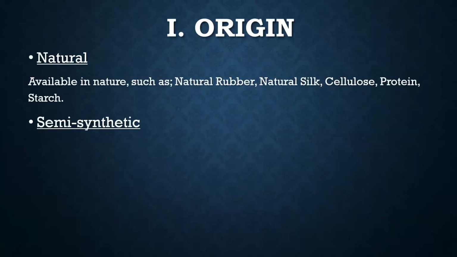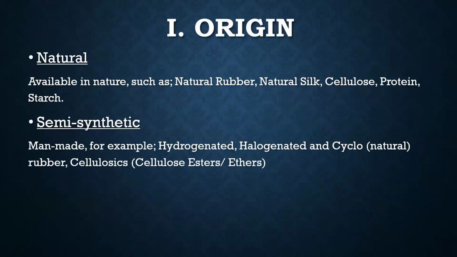So natural is available in nature, that's natural rubber, natural silk, cellulose, protein, starch, lipids, carbohydrates, all of these are natural. And semi-synthetic are man-made, for example, hydrogenated and halogenated rubber, cyclorubber and cellulose ester.